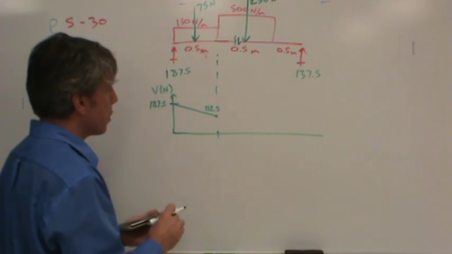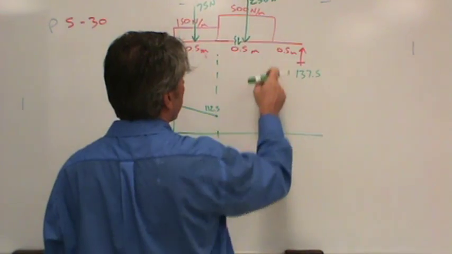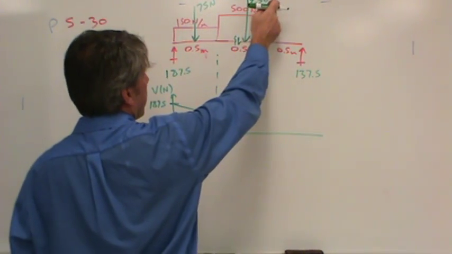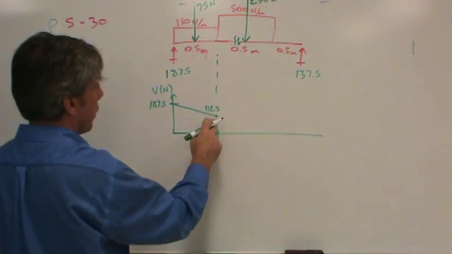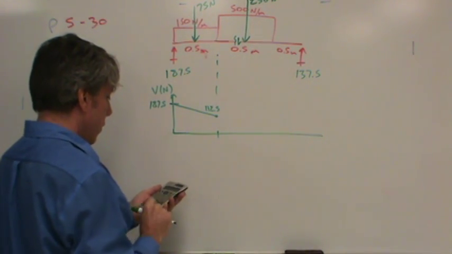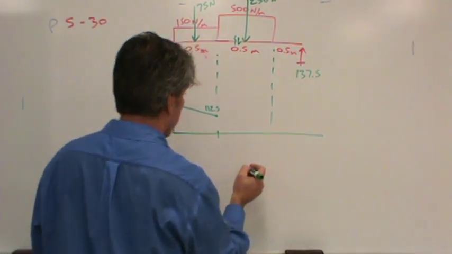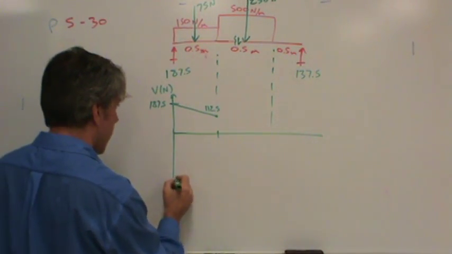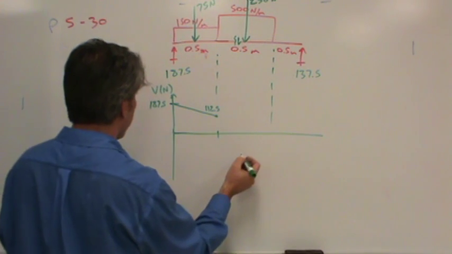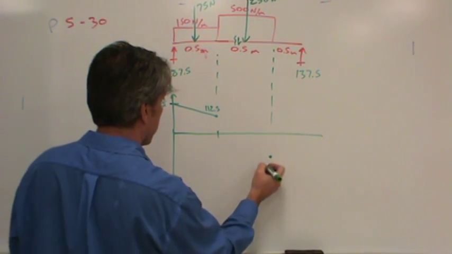Okay, and we'll do that in just a moment. But let's figure out, first of all, where we'll end up. We've got 250 newtons, which if we subtract that from the 112.5, means we end up below the axis at this section of the beam, down at 137.5.